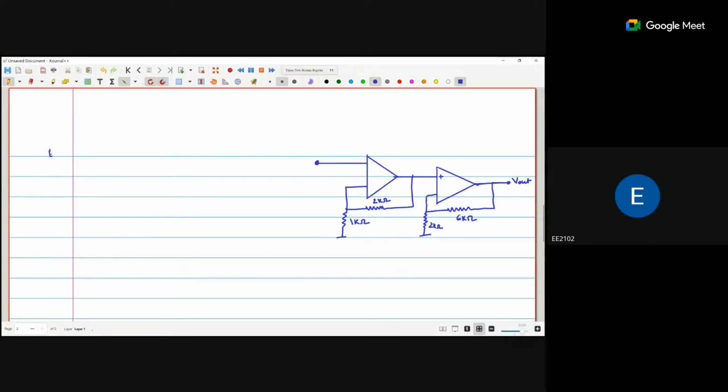Question, example: identify the terminals, first and second, and find V out if V in is 1 volt.